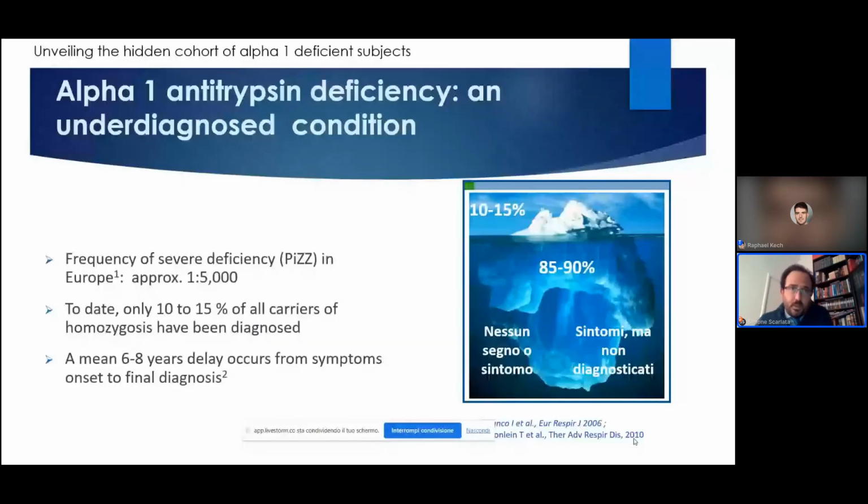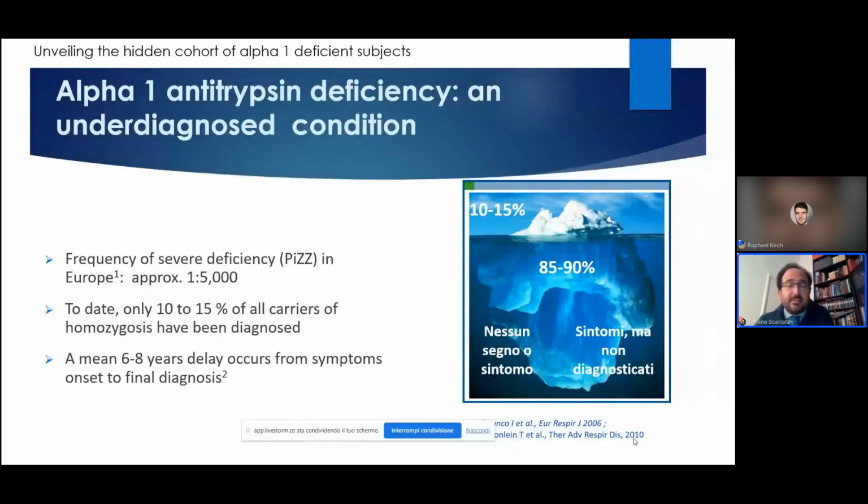However, there is no doubt that alpha-1 antitrypsin deficiency is currently a severely underdiagnosed condition. We can estimate that about 1 out of 5,000 people in Europe suffer from a severe alpha-1 antitrypsin deficiency. Unfortunately, to date, we can estimate that only 10 to 15% of all those carriers of homozygosis have been diagnosed.